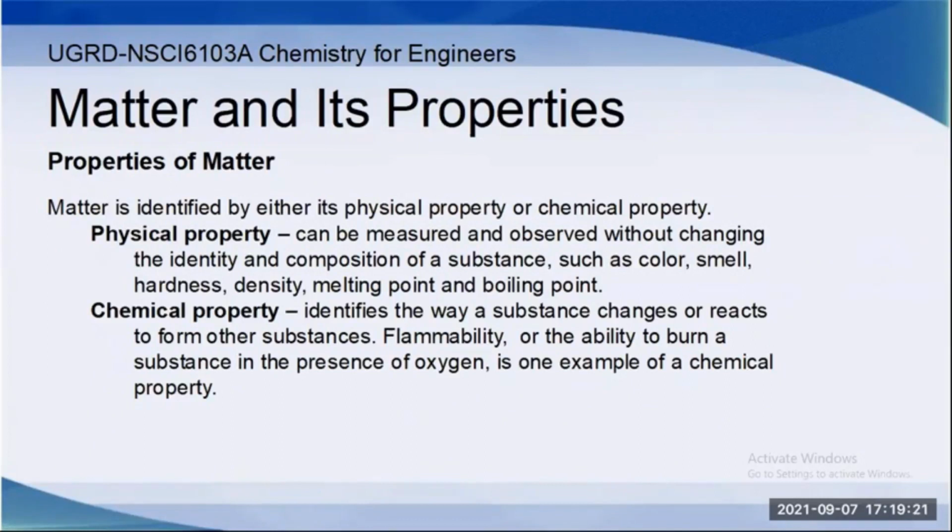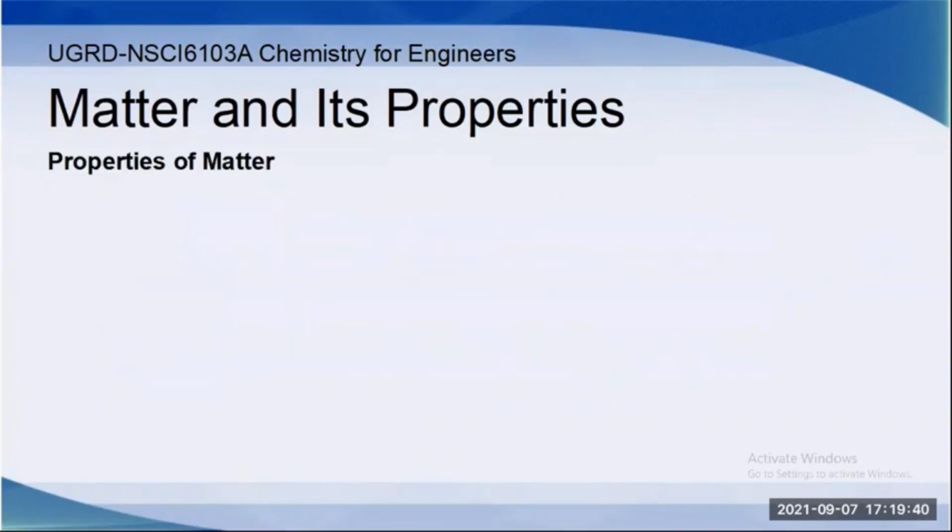Chemical property identifies the way a substance changes or reacts to form other substances. Flammability, or the ability to burn in the presence of oxygen, is one example of a chemical property. We will discuss this more in the next slides.